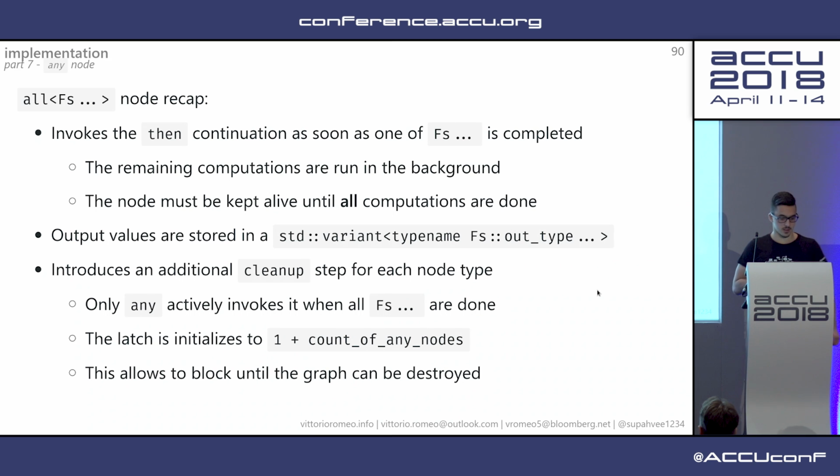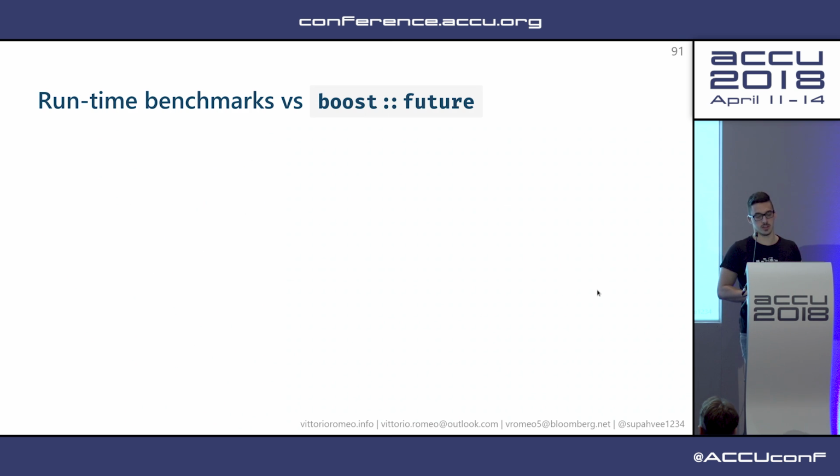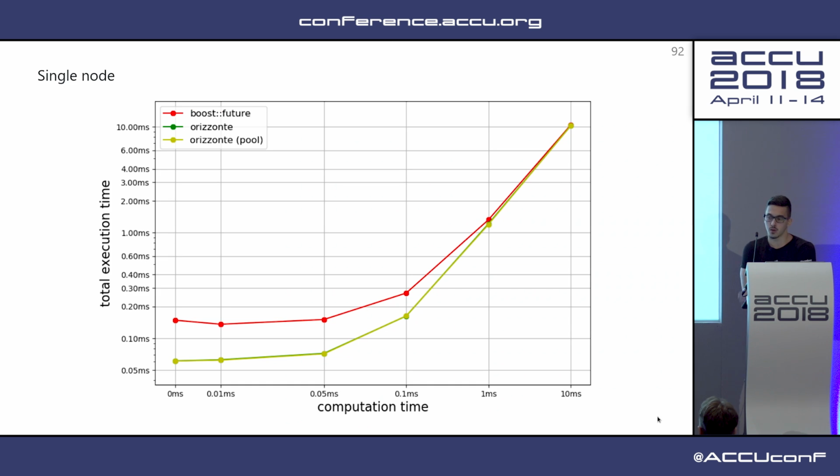I have 5 minutes. Some runtime benchmarks against Boost Future. So what I tried to do here is model an I/O-bound computation and computation graph, with various continuations. And I use different times for the computation. For example, I'm simulating an I/O-bound computation that takes 0 milliseconds, one that takes 1 millisecond, one that takes 10 milliseconds.